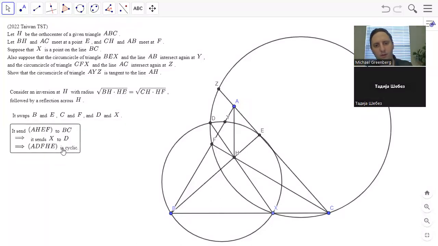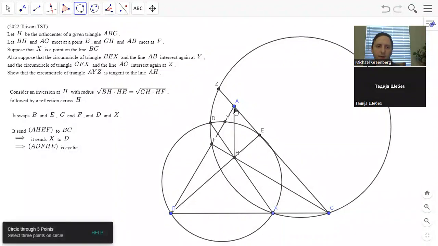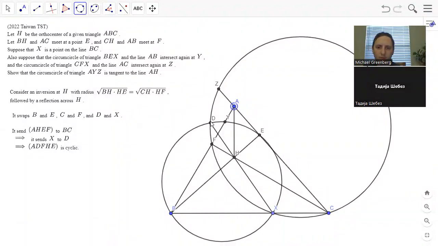Okay. And then we can finish it off with Miquel. That's what you're saying, right? Because if you look at, is it BFEC is what we're using Miquel on, or is it some other? Triangle ABC and points X, Y, and Z. Okay.